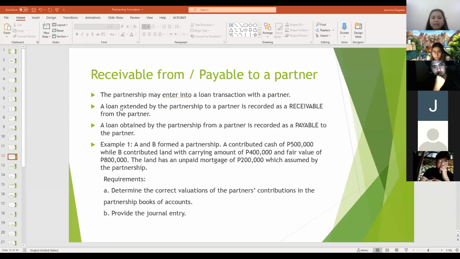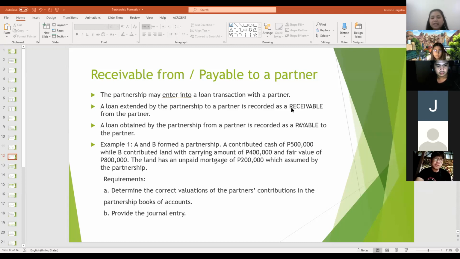On the other hand, a loan obtained by the partnership from a partner is recorded as payable to the partner. Pag yung partner nagbigay ng pera sa partnership at hindi yun investment, ire-record ng partnership as payable to the partner. Liability ng partnership sa partner na nagbigay ng pera. Yun yung difference ng receivable from the partner and payable to the partner.